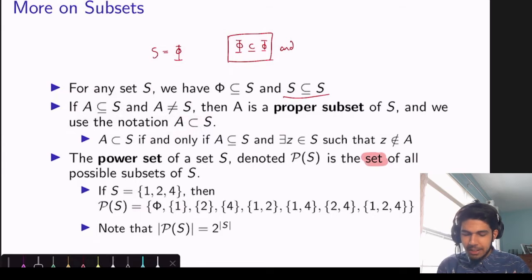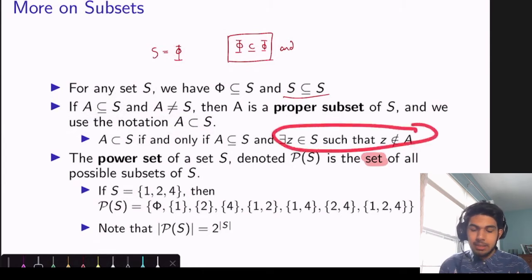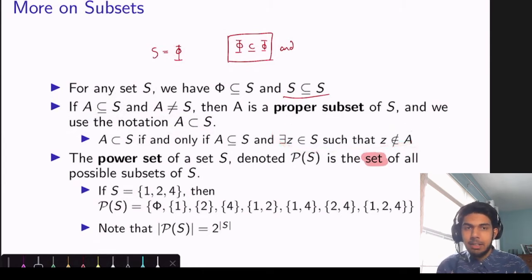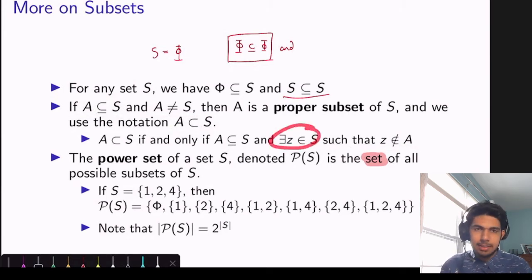And here we have A is a proper subset of S if and only if, first, it has to be a subset of S, and second, there exists some element Z in S such that Z is not in A. And this is just saying that those sets S and A are not equal. Because what does it mean for two sets to not be equal to each other? Well, that means there's got to be one element in some set that's not in the other. So that's this thing right here.